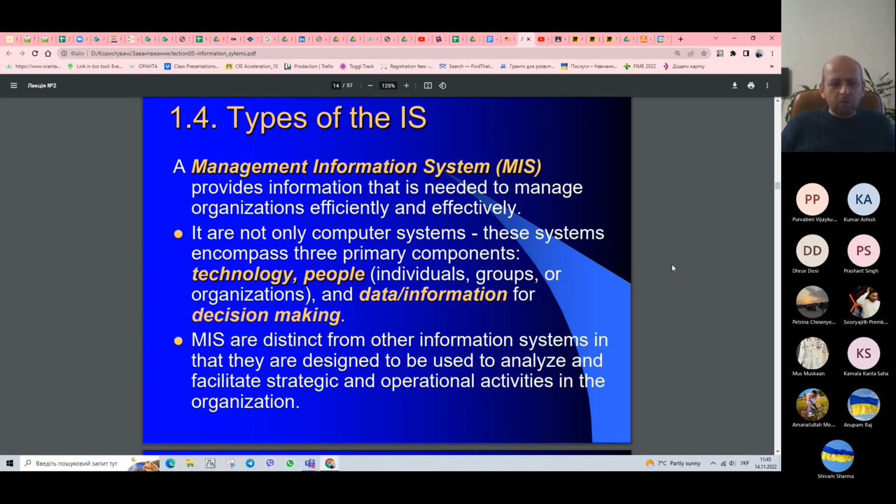This system encompasses three primary components: technology, people, and data, which are necessary for decision making. Medical information systems are distinct from other information systems in that they are designed to analyze and facilitate strategic and operational activities in the organization.